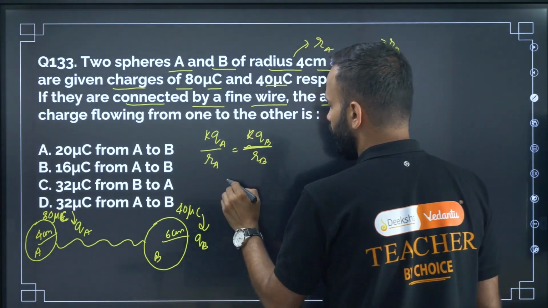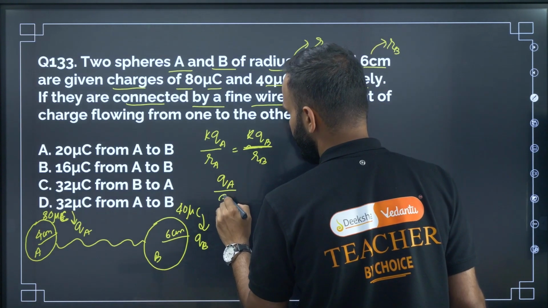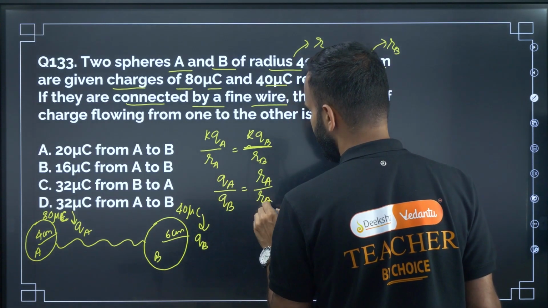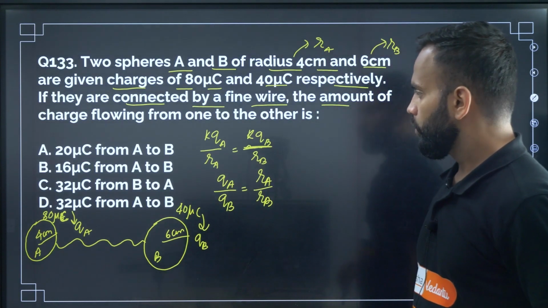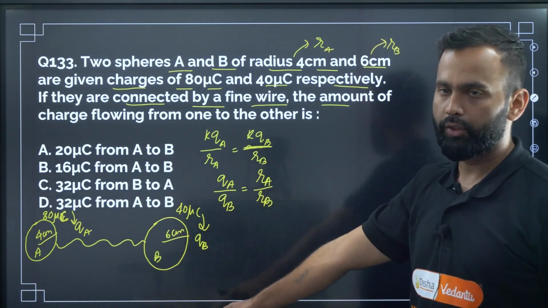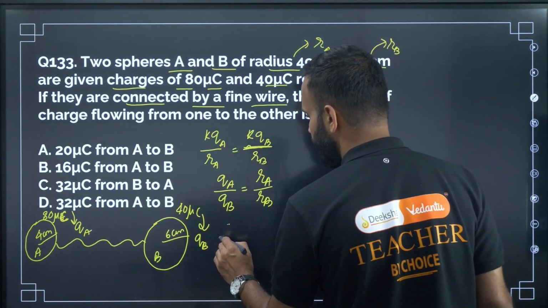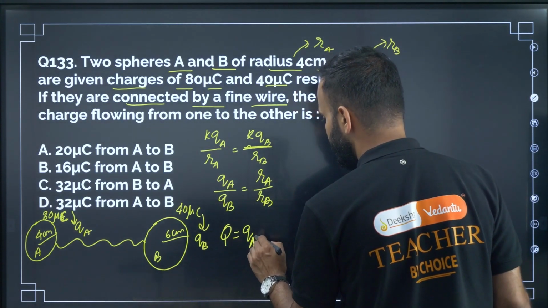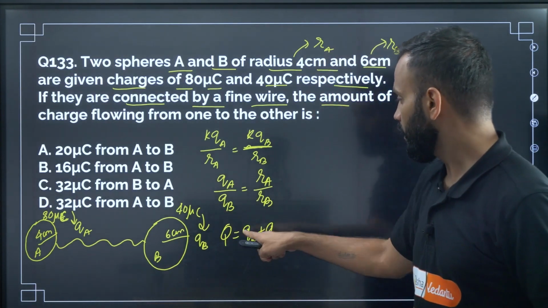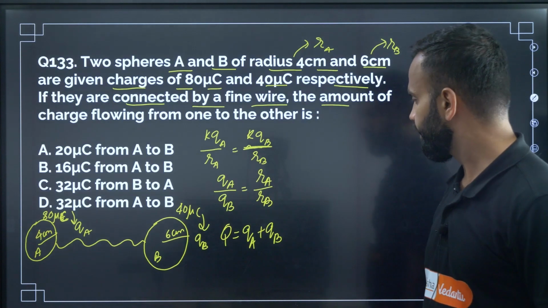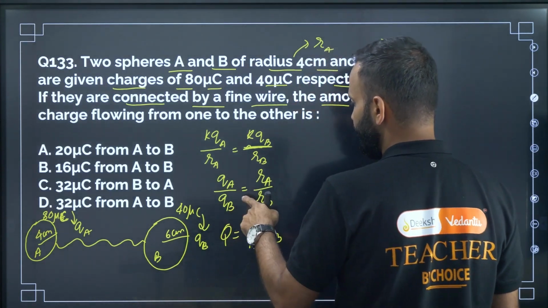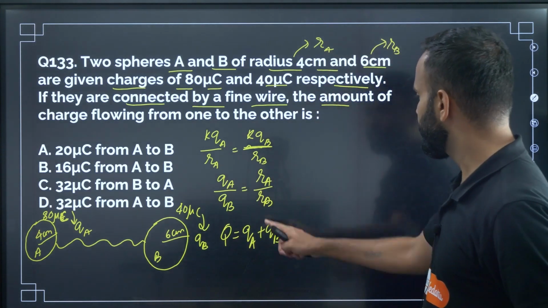So now QA divided by QB is equal to RA by RB, right? According to conservation of charge, initial total charge equals final total charge. So initial total charge Q equal to QA plus QB. Now here we can easily find QA and QB using this equation.